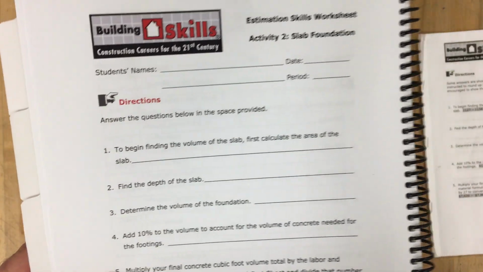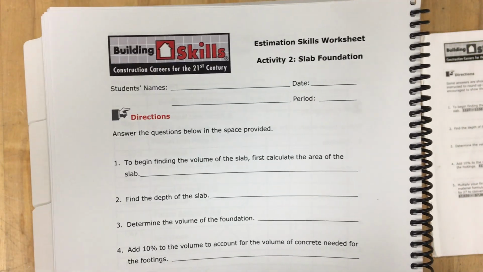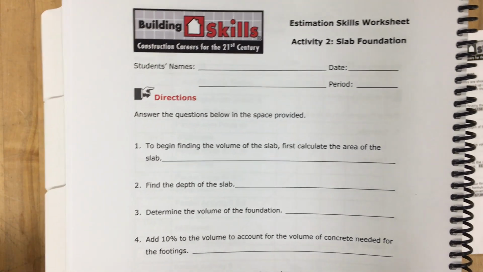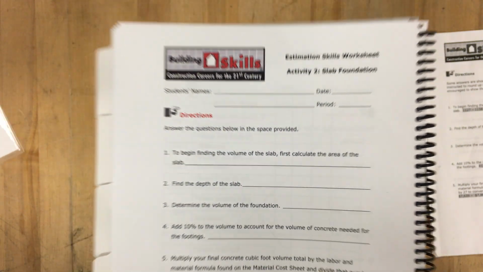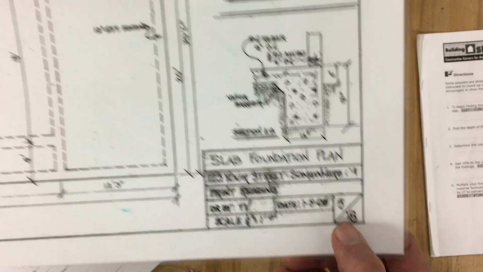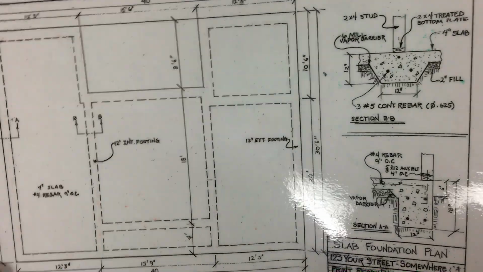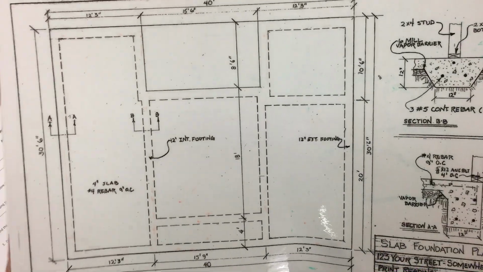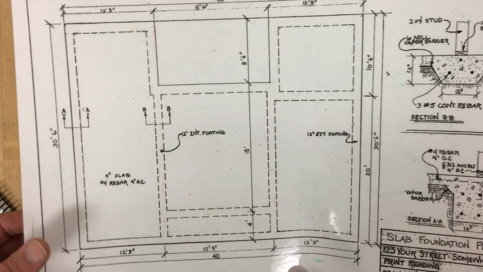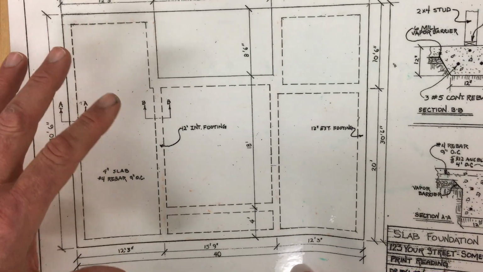This is activity 2 in your skills book, and we're going to be using print 5 for this. When we begin to look at the slab foundation, we want to try to simplify things.